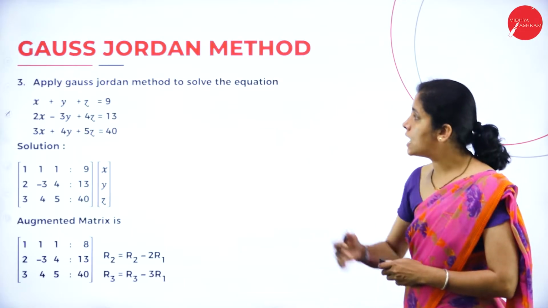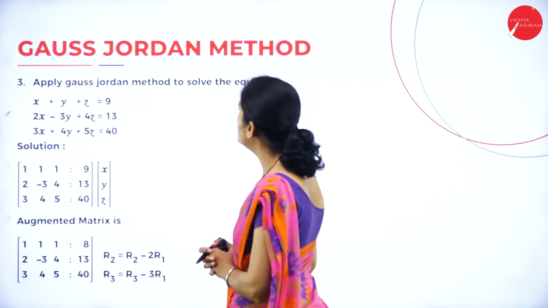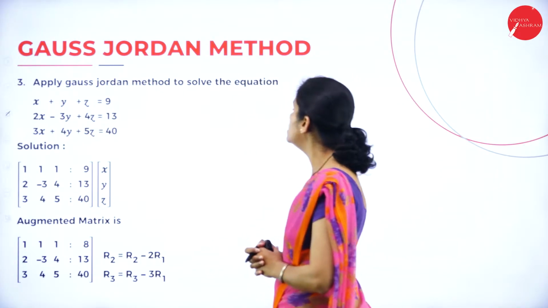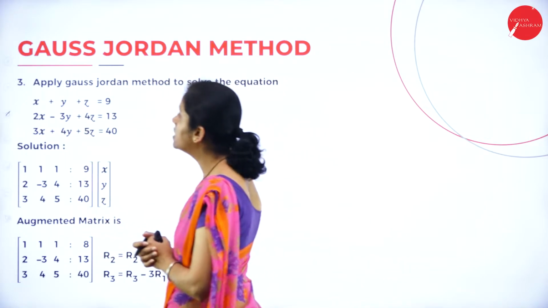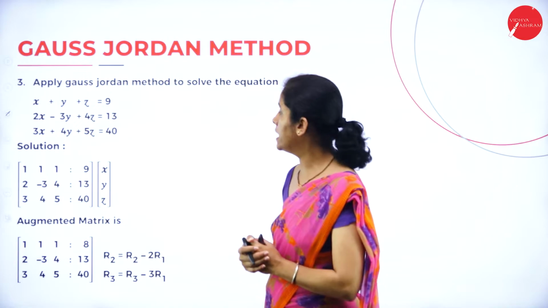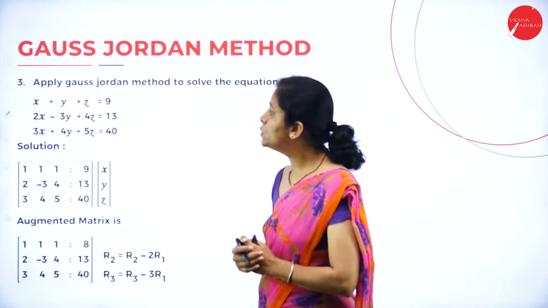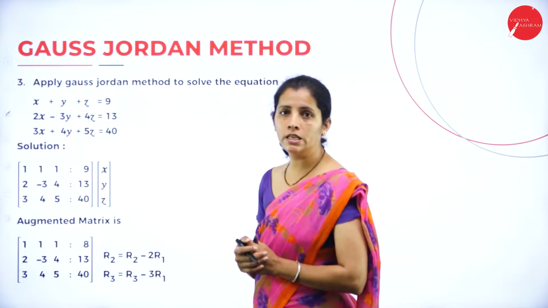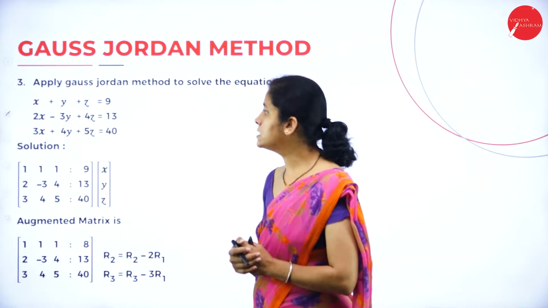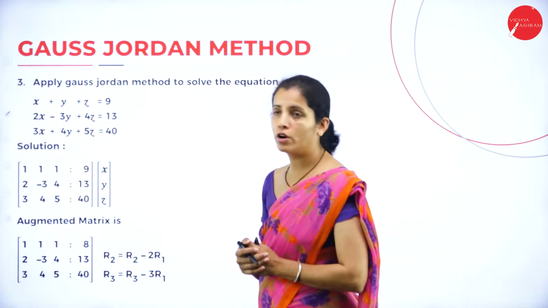Now, let's start the problem: apply the Gauss-Jordan method to solve the equations. The given equations are x plus y plus z equals 9, then 2x minus 3y plus 4z equals 13, then 3x plus 4y plus 5z equals 40.